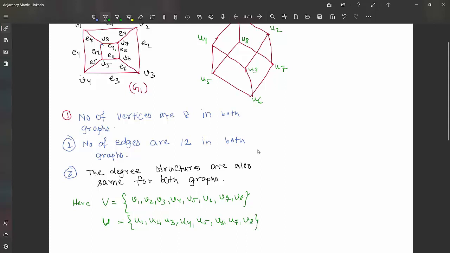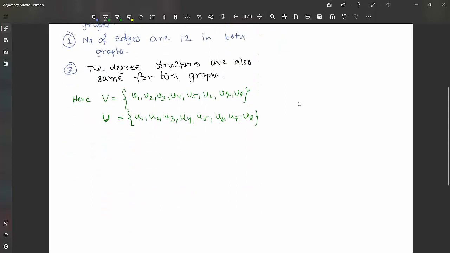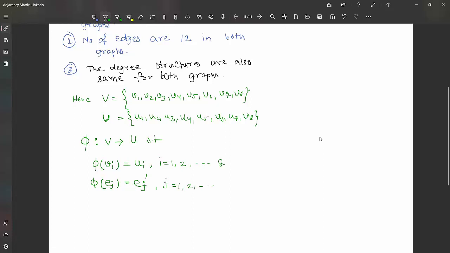And now phi is defined from V to U, such that under this phi the Vi is mapped to the Ui, where i is equal to 1 up to 8. And now we set the edge preserving relation as phi of Ej equals Ej prime, where j is from 1 up to 12.